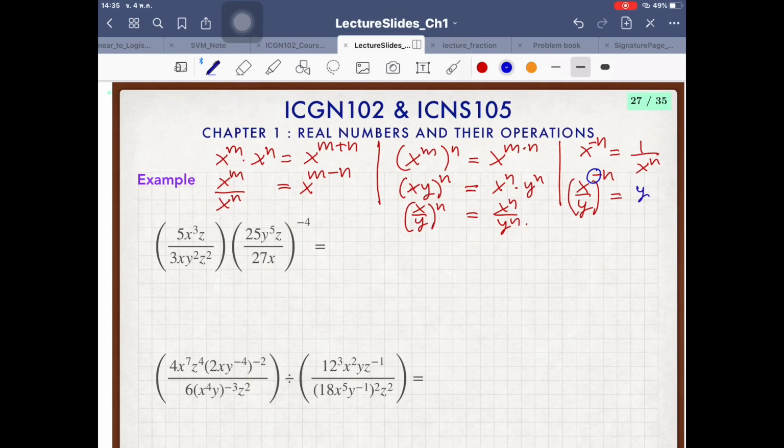So here you need to get y over x and then put it to the power n. This is the case when you see the minus sign for this power, so it means that you need to do the flipping upside down between these two terms.